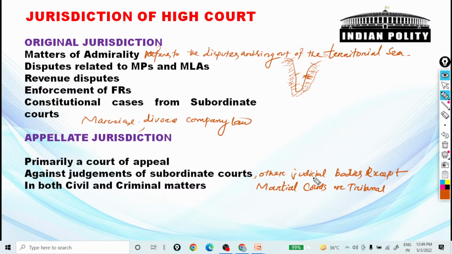On any civil and criminal matter, it has the authority to hear appeals against the judgment of other courts. So it is the highest court of appeal in the state.